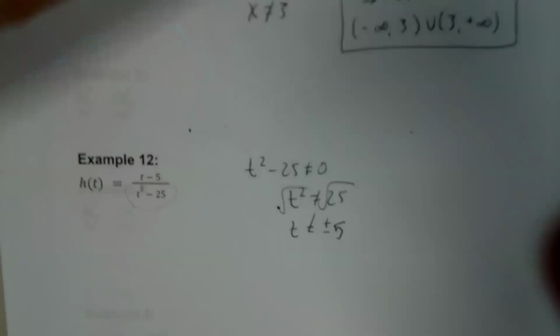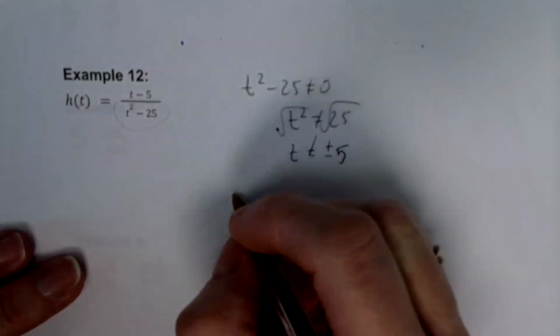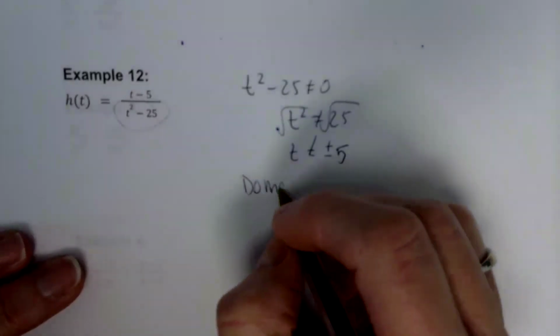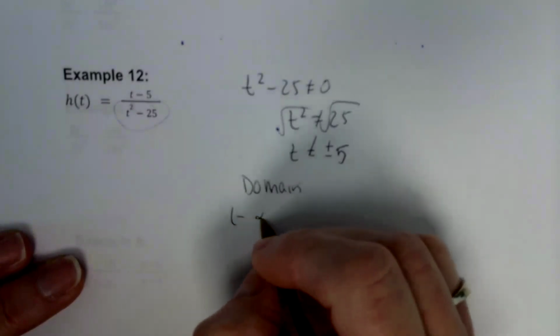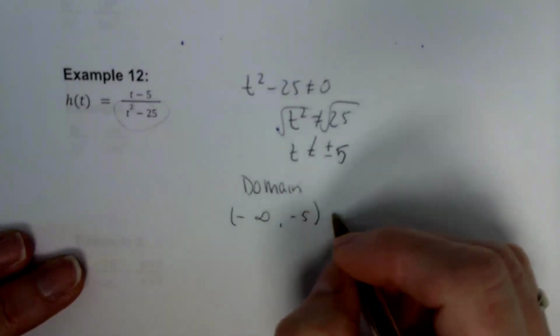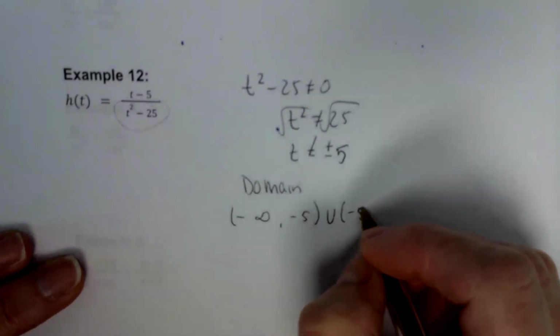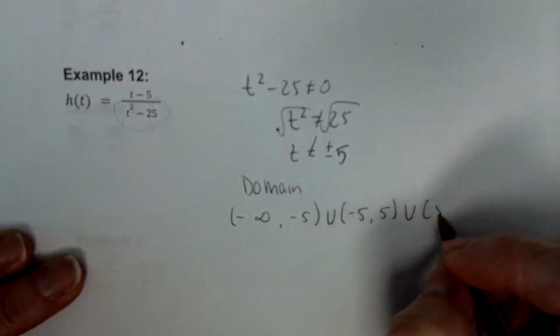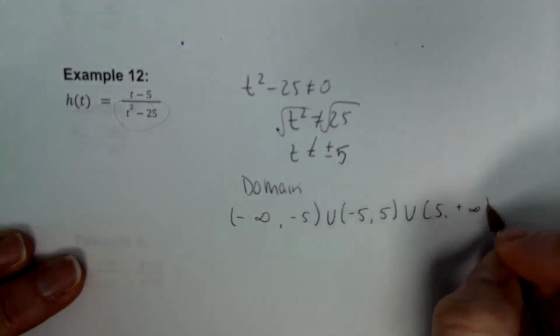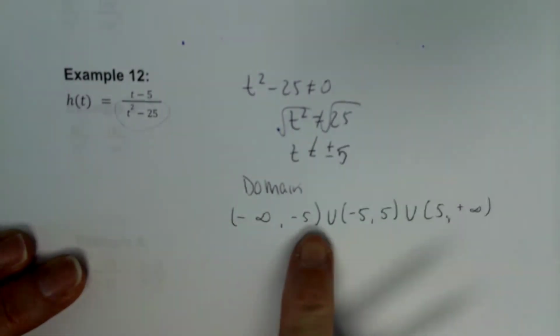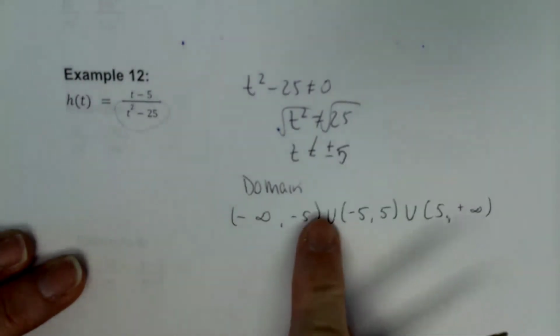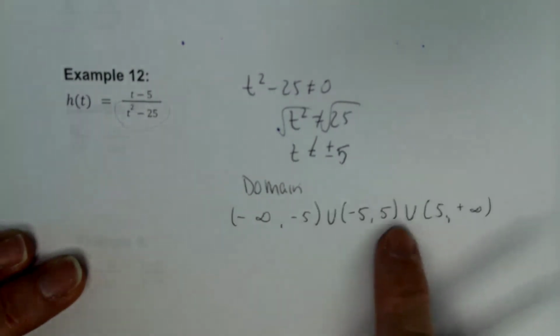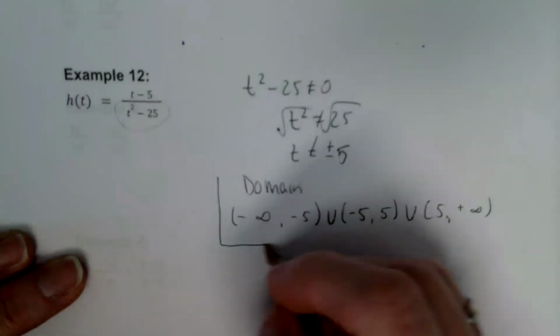So we have two restrictions. Now for our domain we have negative infinity up to negative 5, union negative 5 to positive 5, union positive 5 to positive infinity. So we just have these breaks where it can't equal negative 5 and where it can't equal 5. That's why there are parentheses.